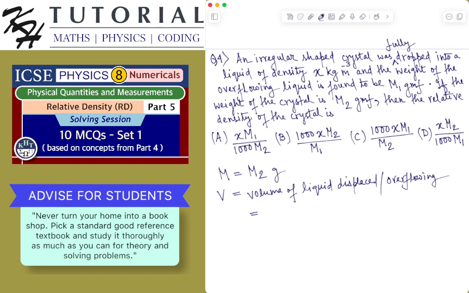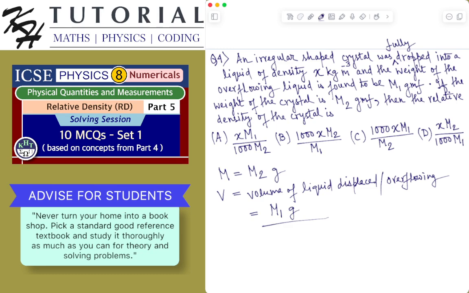The density of the liquid is given as x kilogram per meter cube. Since the weight of the overflowing liquid is m1 gmf, the mass is m1 gram. So the volume of liquid displaced will be its mass, m1 gram, divided by the density of the liquid.